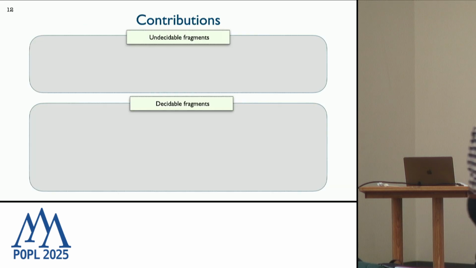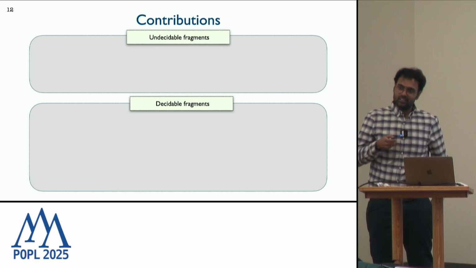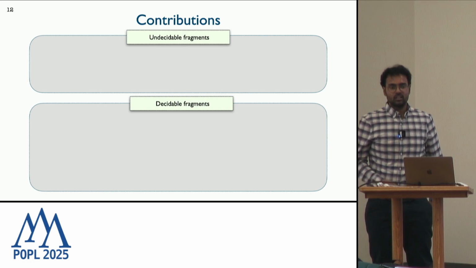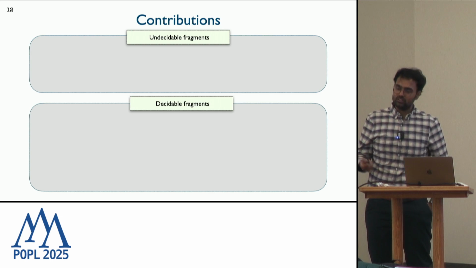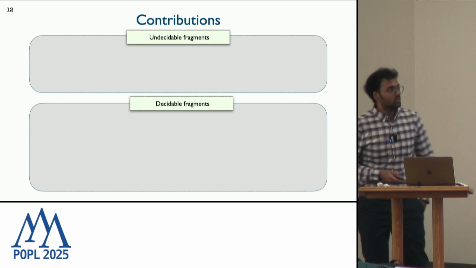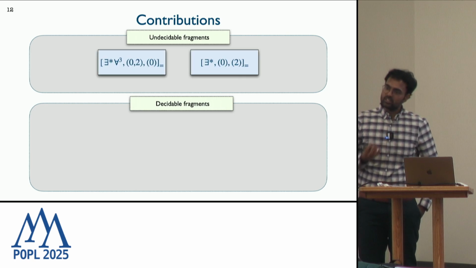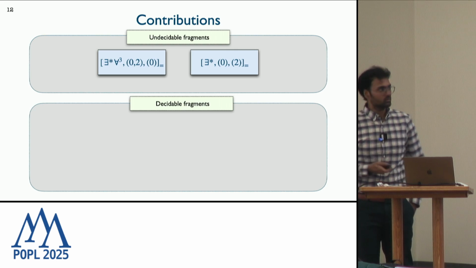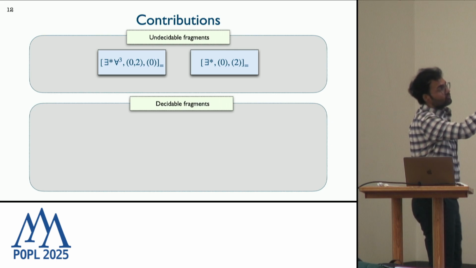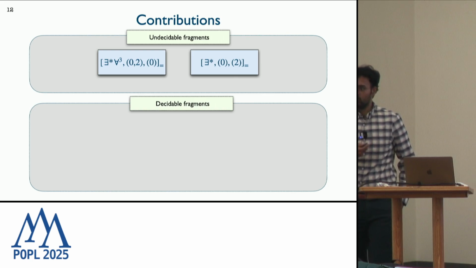So what did we find out? The very popular EPR class, which enjoys a lot of applications in program verification, quickly becomes undecidable when you ask the question in the context of regular theories. These are both fragments of EPR, and they become undecidable.